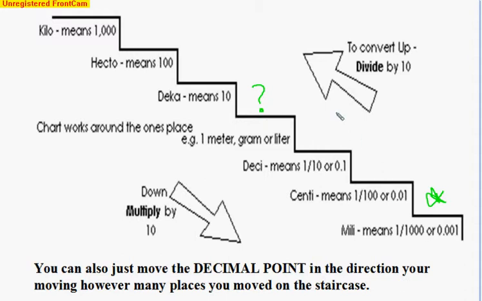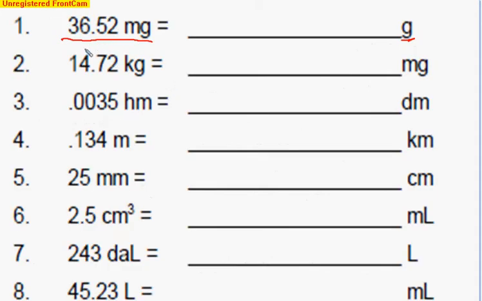So it's 1, 2, 3. 3 steps, and we went to the left, so we would just simply move the decimal 1, 2, 3. So 0.03652 grams. Here are a couple other practice ones you are more than welcome to do on your own if you would like.